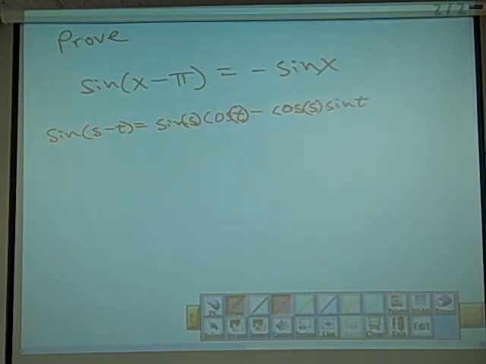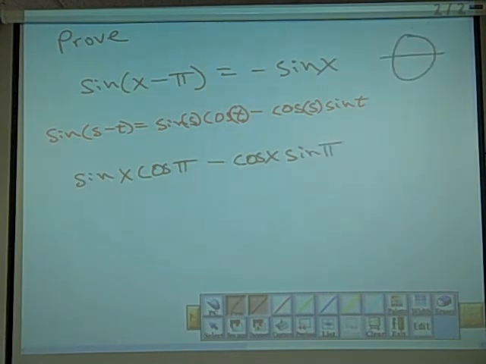Okay, we know that. So we can change this to sine x cosine pi minus cosine x sine pi. Well, here's pi, right?